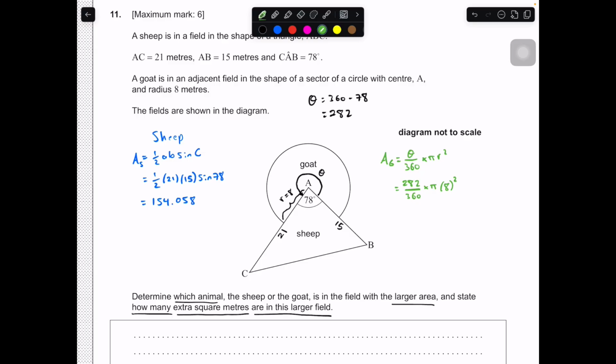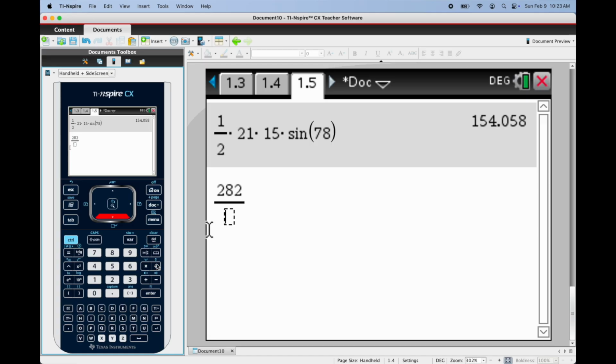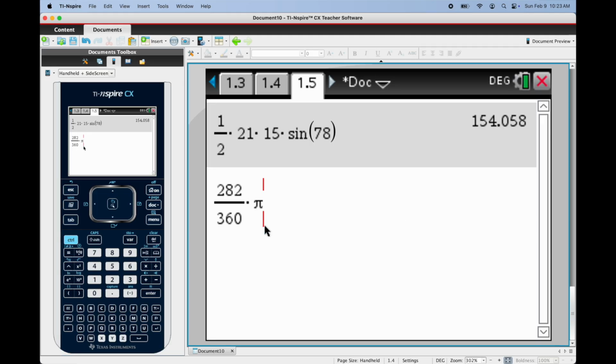Let's go to the calculator and write this in. 282 over 360 times pi times 8 squared. And there it is, 157.499. That should be reassuring as well.